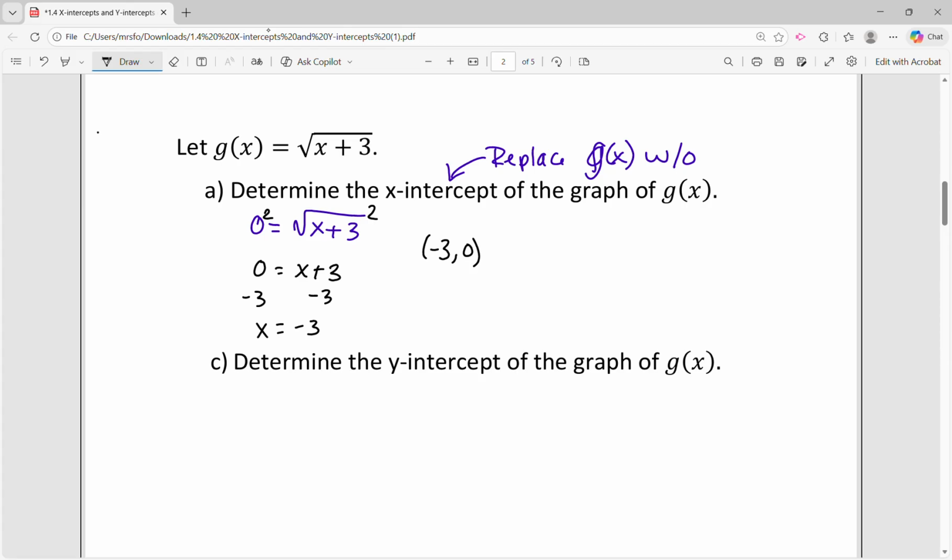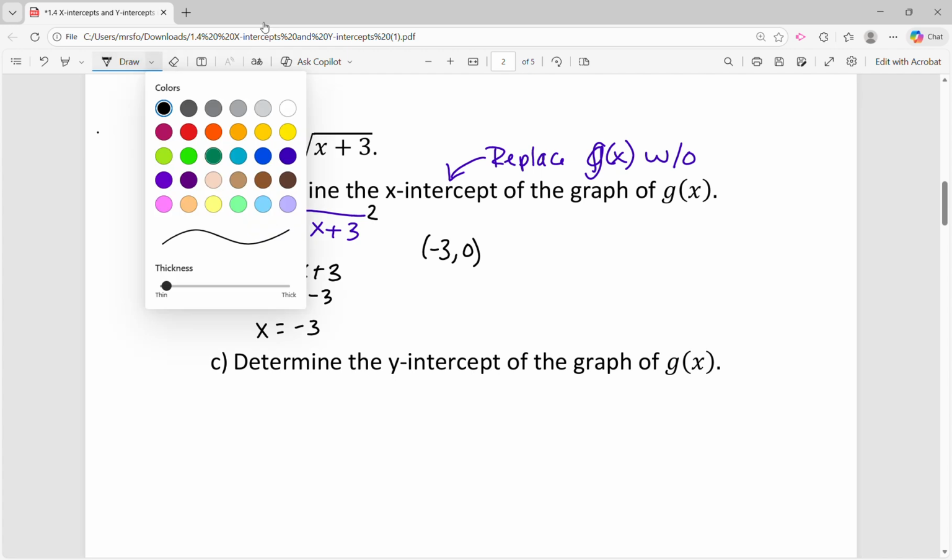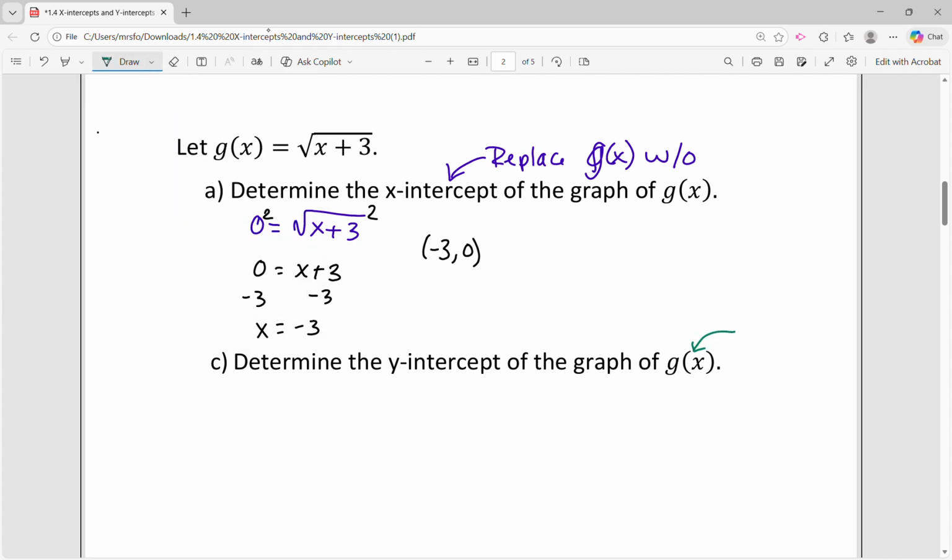Determine the y-intercept. So for the y-intercept, we replace x with 0. So what that means is we're solving for the y. So that's going to be the square root of 3.